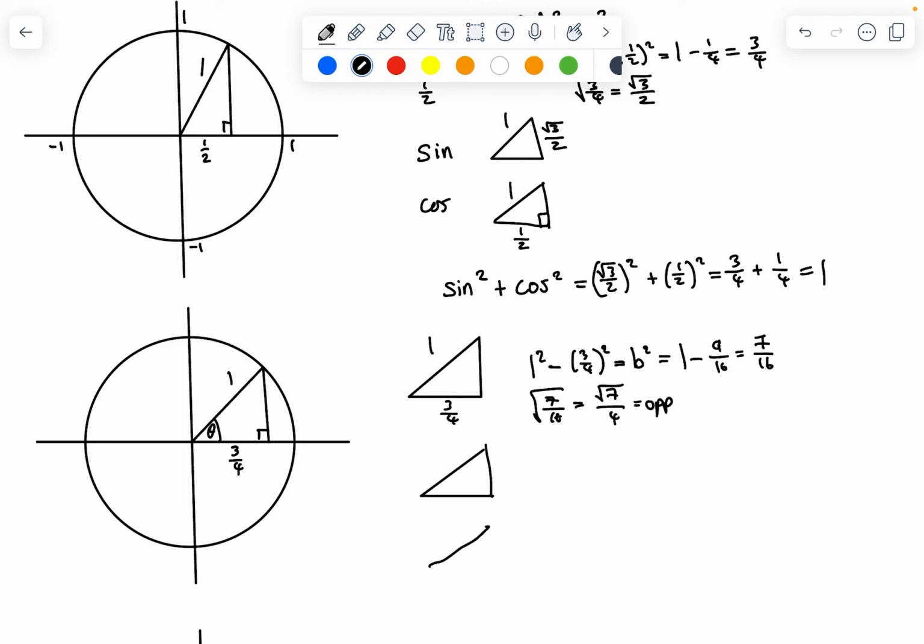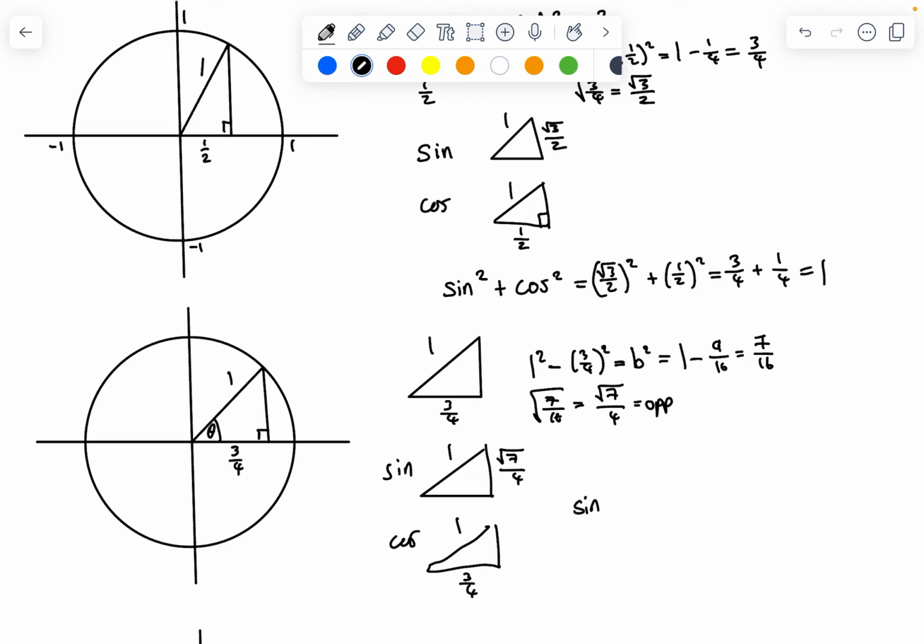Again, if we think about sine and cos, both of them are going to have a hypotenuse of 1. My sine, we just found out, has got an opposite side of the square root of 7 over 4, and my cosine has an adjacent side of 3/4.